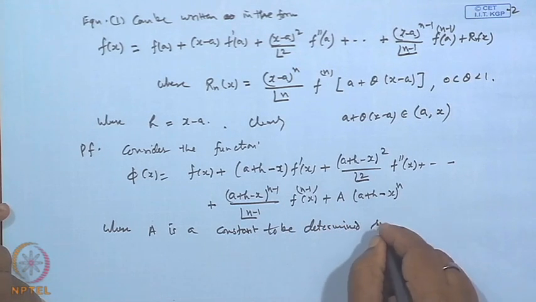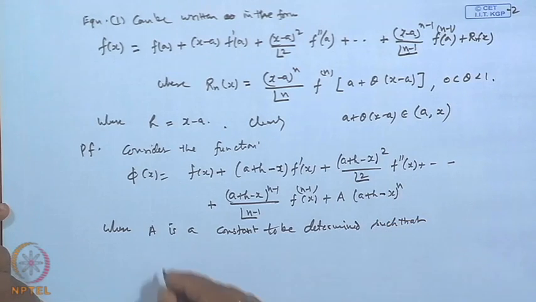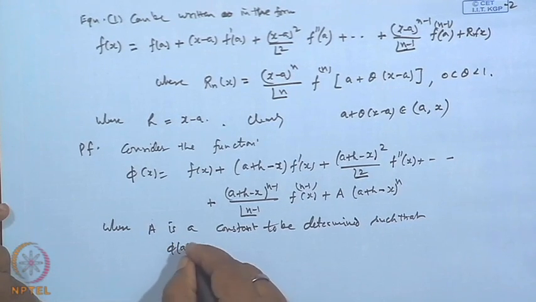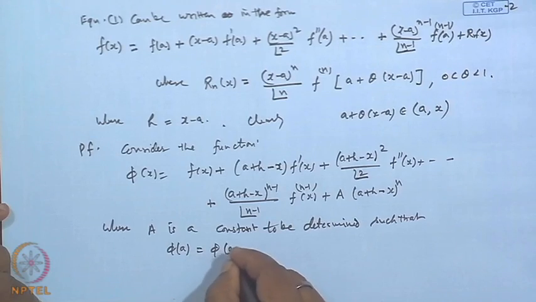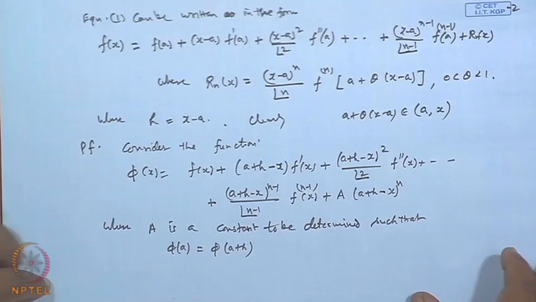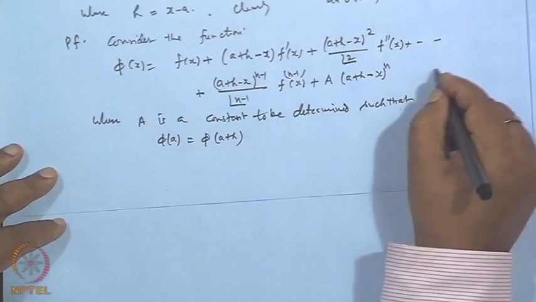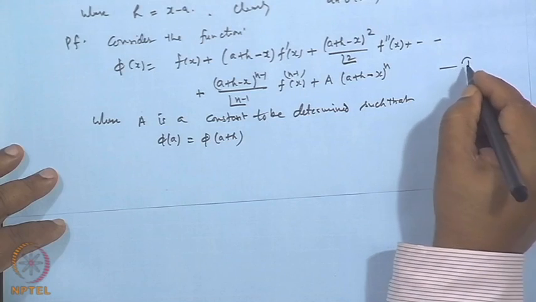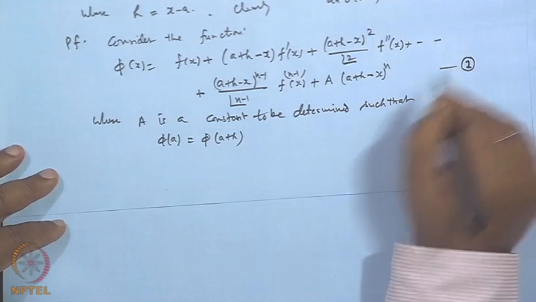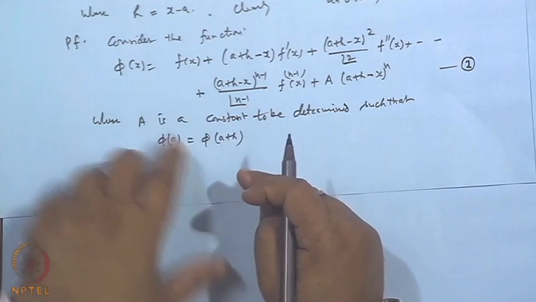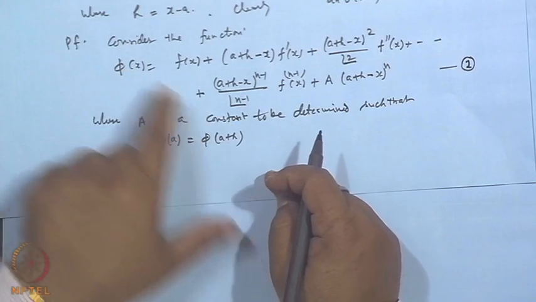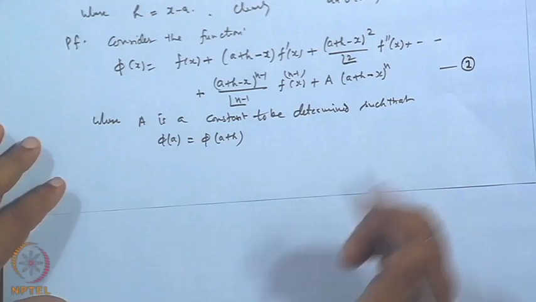Such that the value at the end points of phi, that is phi(a) equals phi(a plus h). We put the restriction on phi in such a way so that A can be computed. So, suppose I put this restriction and let it be 2. In 2, if I replace x equal to a and x equal to a plus h, what do we get?